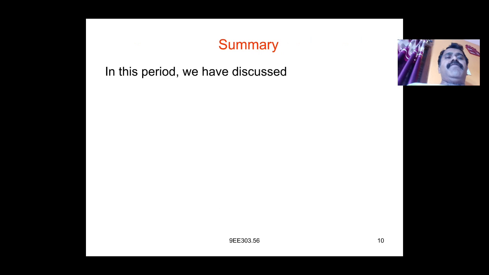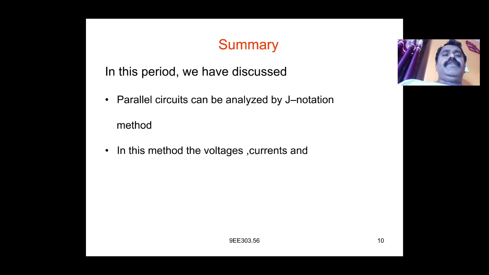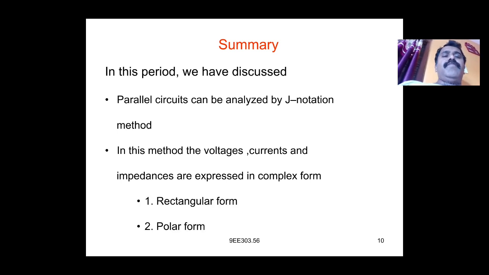In this session we have discussed parallel circuits analyzed by the J notation method. In this method, the voltages, currents and impedances are expressed in complex form, that is rectangular form and polar form. Already we studied the vector method, where we resolve the currents into two components.